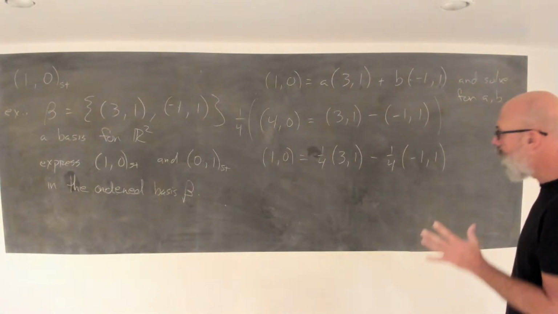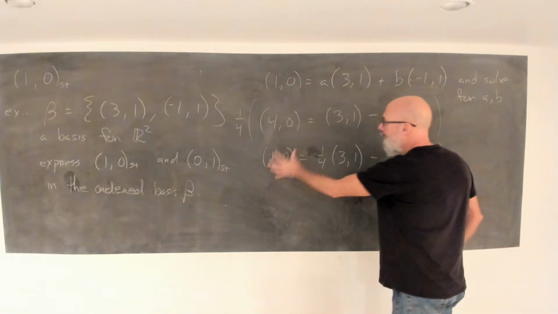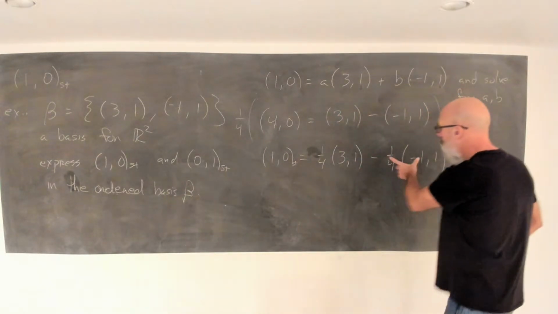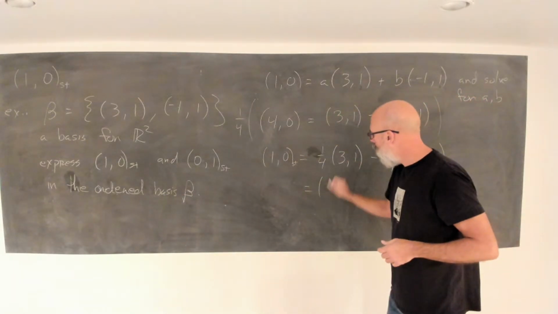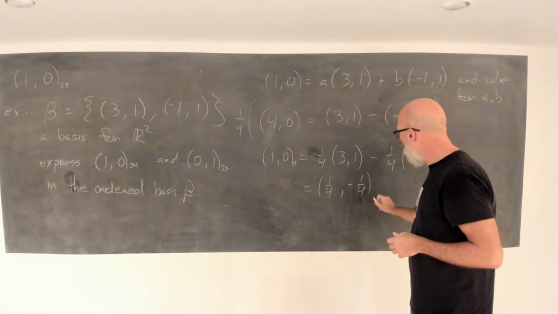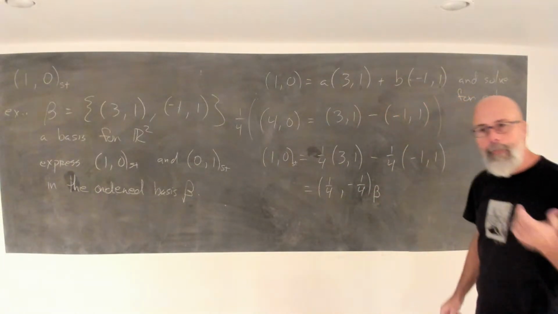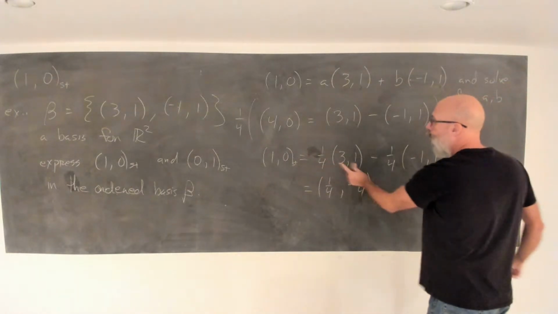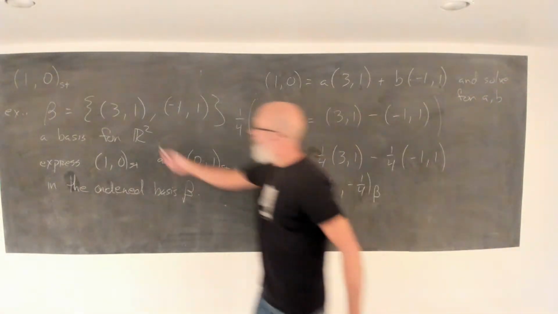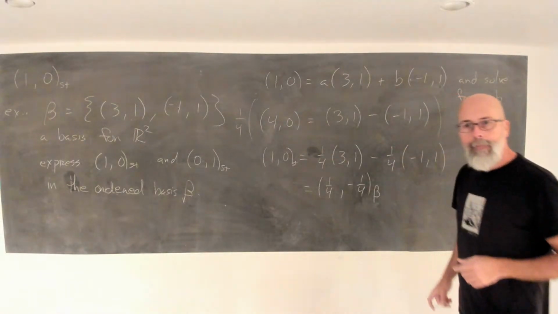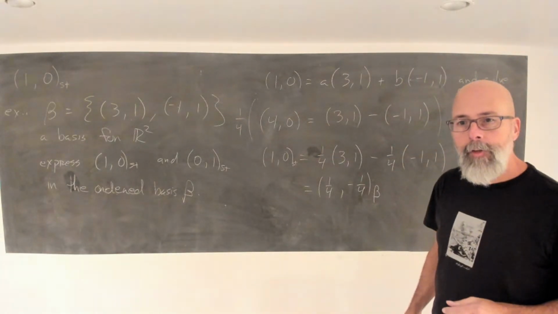And consequently, the vector (1, 0), which was in your standard basis, is now the vector (1/4, -1/4) in your ordered basis B. Right? 1/4 times the first basis element minus 1/4 times the second. Convinced?